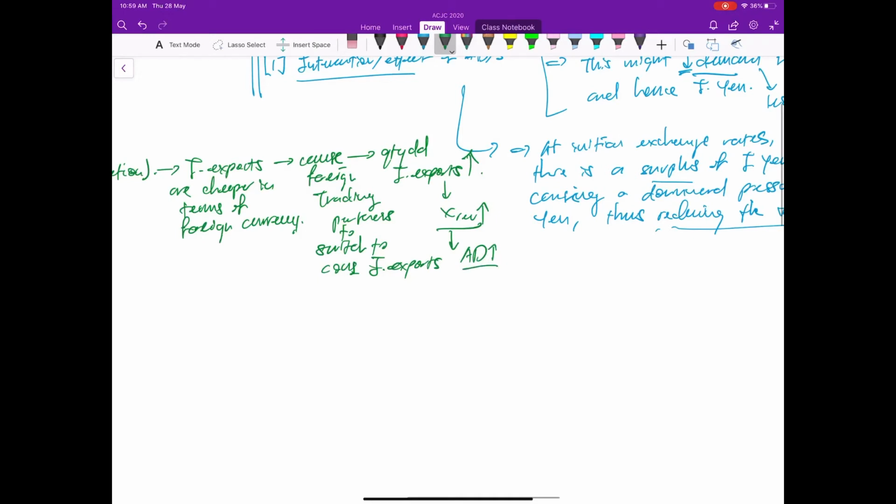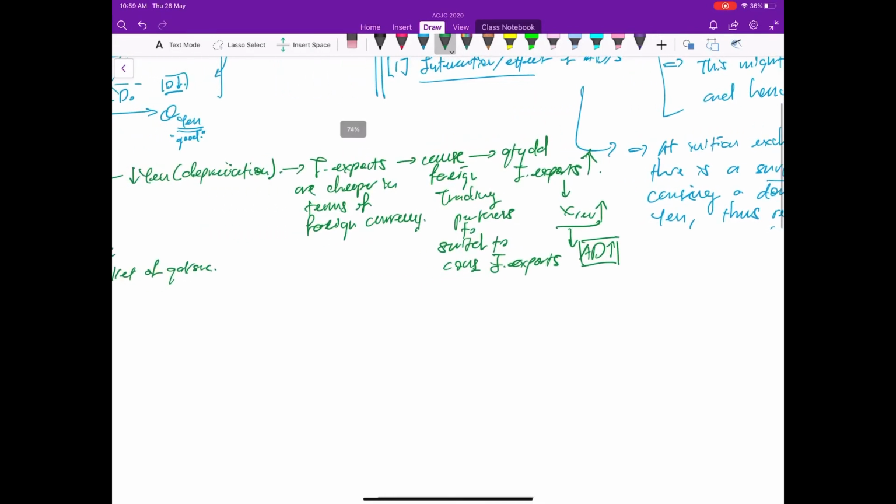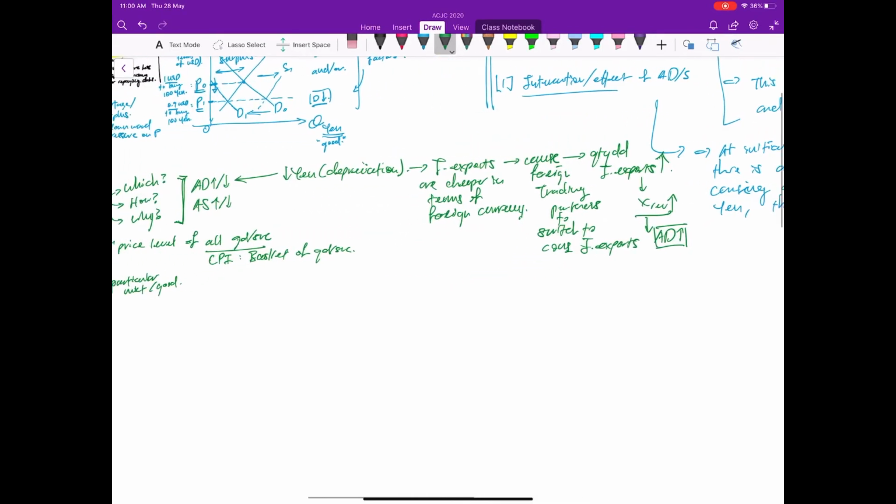Of course, you assume no other changes. This line of logic could unfold.